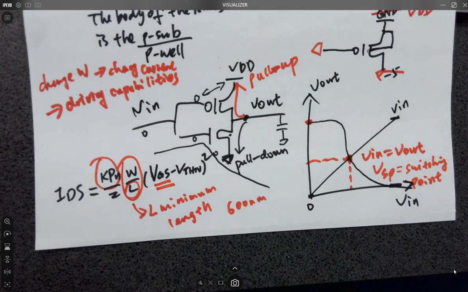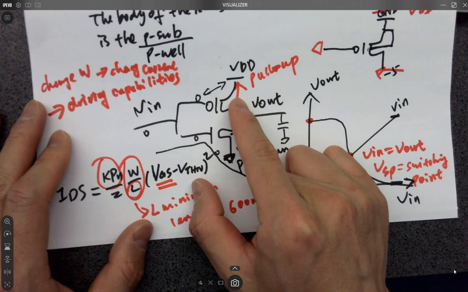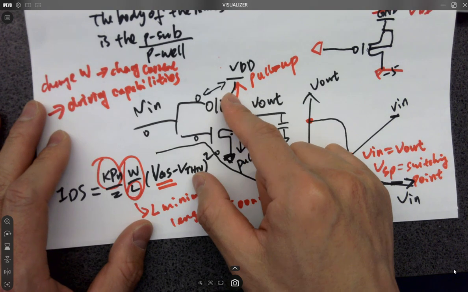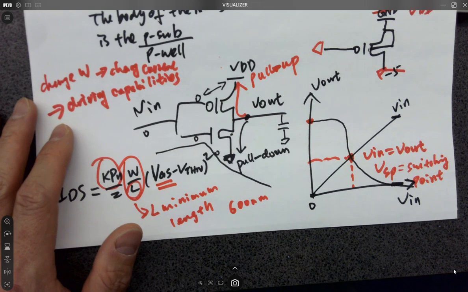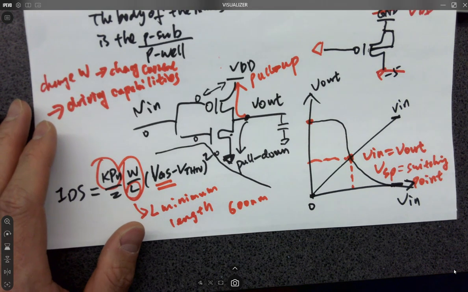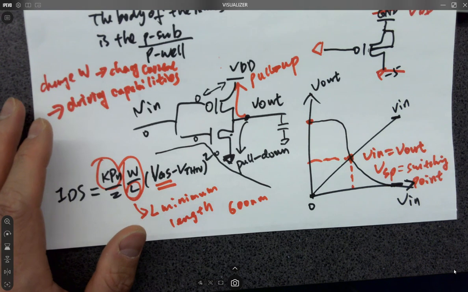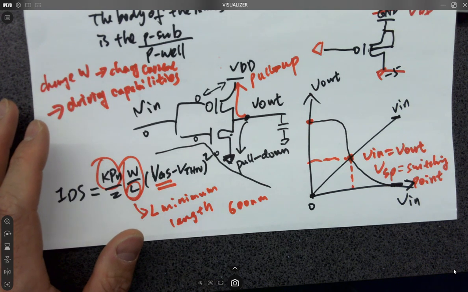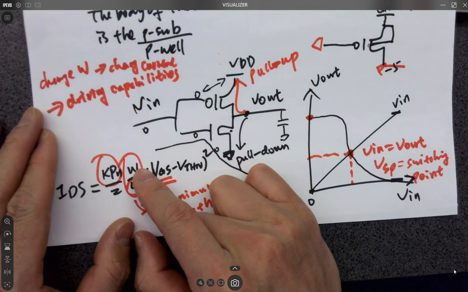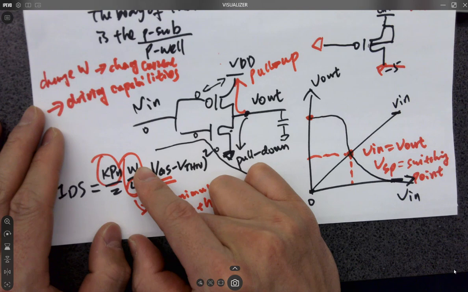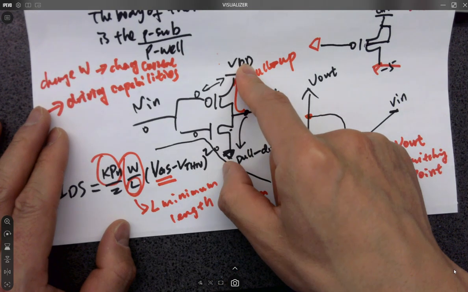If you have a wider PMOS, we're not talking about length because we don't touch length, just width. So if we make a wider PMOS, are we making that PMOS stronger or weaker? Stronger, because a wider PMOS is going to give a larger current. A larger current can pull this point up more efficiently.